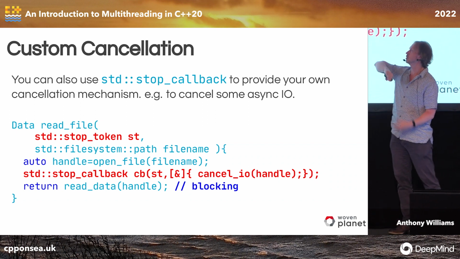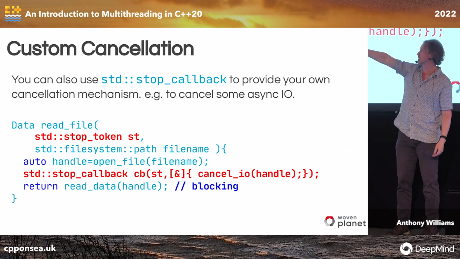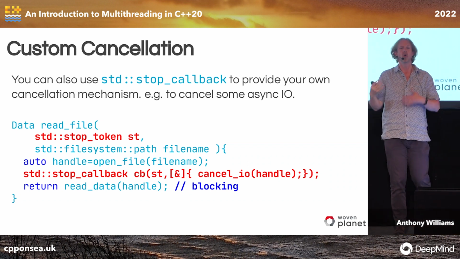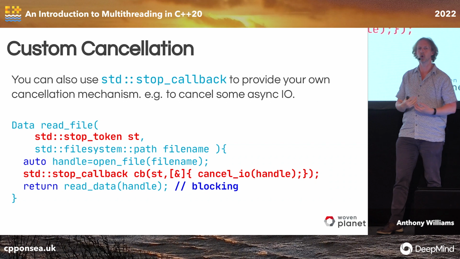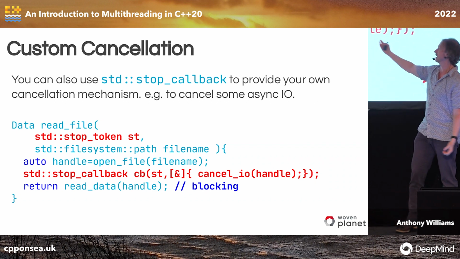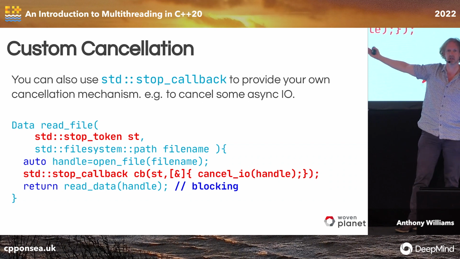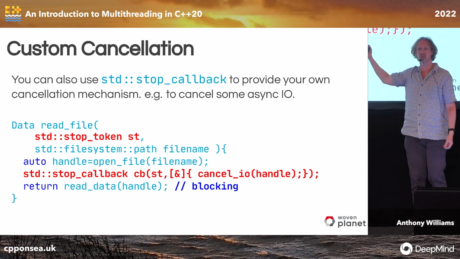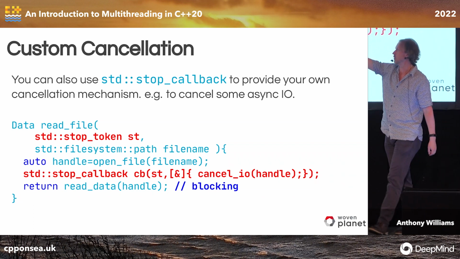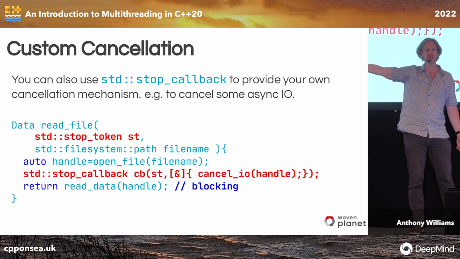And again, so you take your stop token and you construct your stop callback. And then you say, well, what happens when somebody requests stop? I want them to do something that's going to interrupt me. And we pass in a little function here, or in this case, a lambda, that's going to actually do the interruption. So we've got our async I/O, we've got an open file function that returns us a file handle.